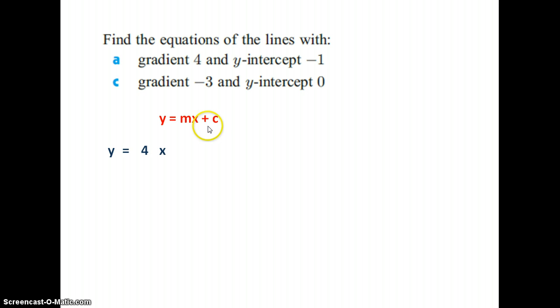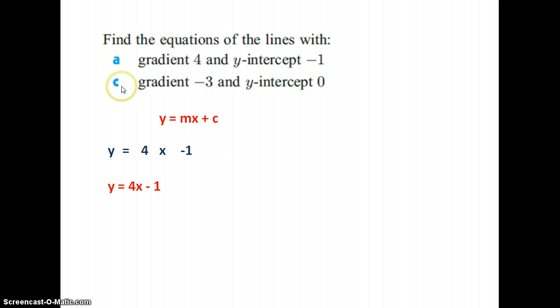Now it says plus c, that's your y-intercept. At this point, the given y-intercept is negative 1. So your c, or your y-intercept, is negative 1, so you put it there. Let's rewrite this in a better way. Your equation will be y is equal to 4x minus 1.